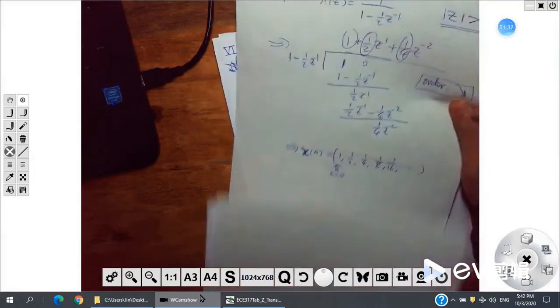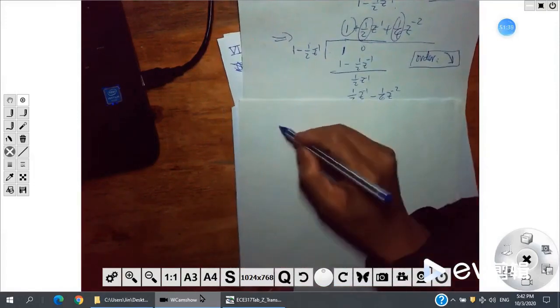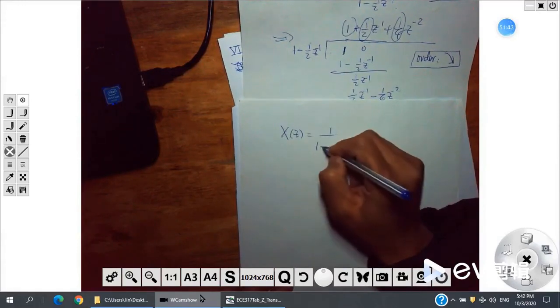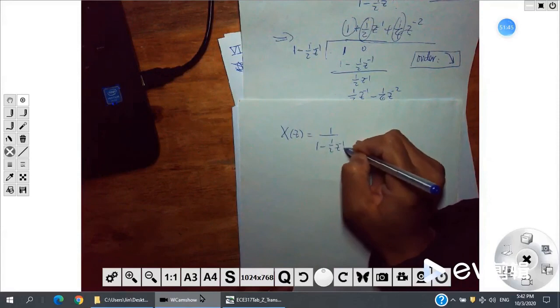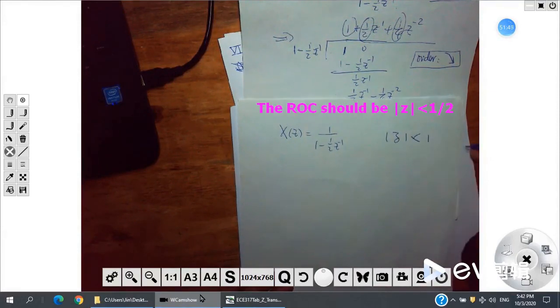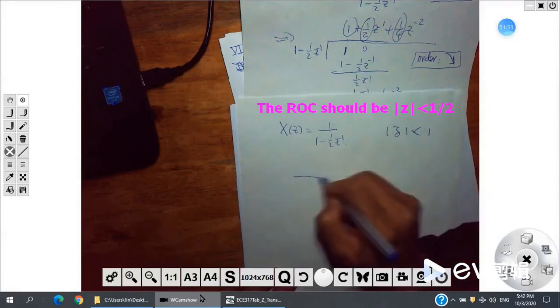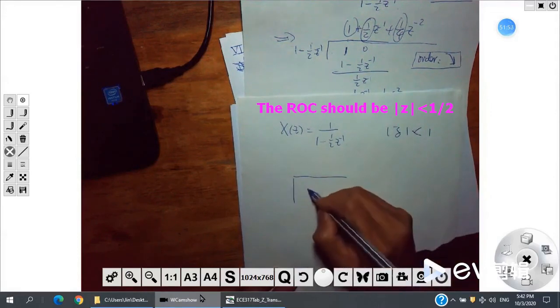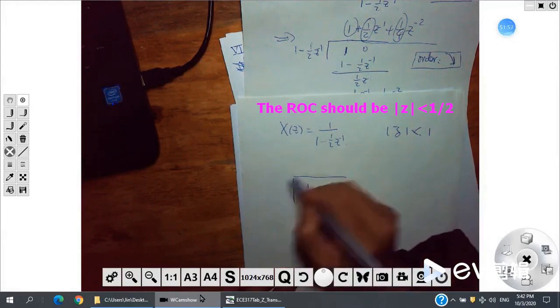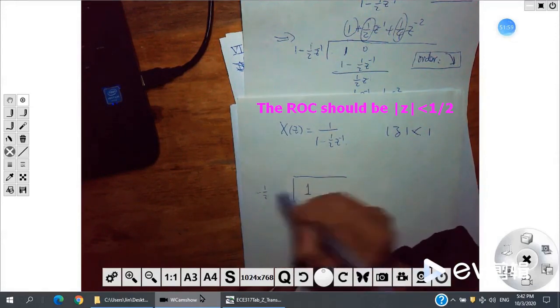And if the ROC is large, I still use this one. If the ROC is smaller than 1, then I need to put them this way. Okay, here just 1, so we do not have any choice. But this side you need to put 1/2 in the front.